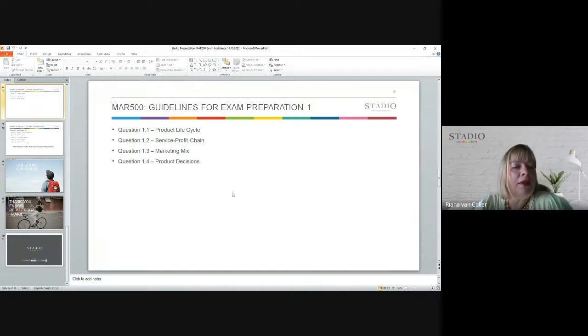Now, the second question is all going to be about the service profit chain, making sure that you understand that relationship and how all of the elements tie together within the service profit chain. Then 1.3, the marketing mix, understanding all the different P's and the extra C's, and making sure that you understand the marketing mix, and taking into account all the traditional and the more modern components with digital and electronic media.